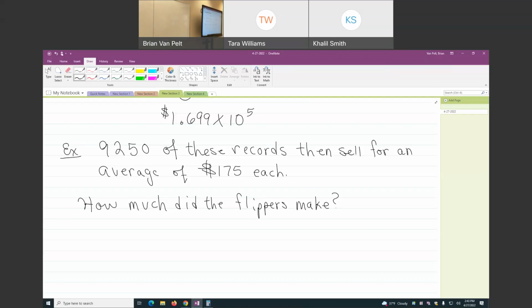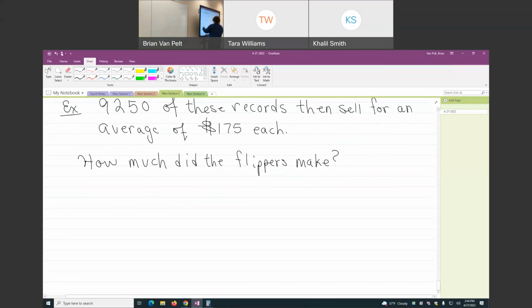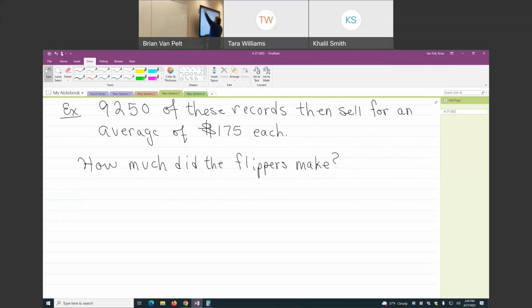I'm assuming a small portion actually were kept. If I straight up multiply out the numbers, here's what I did.